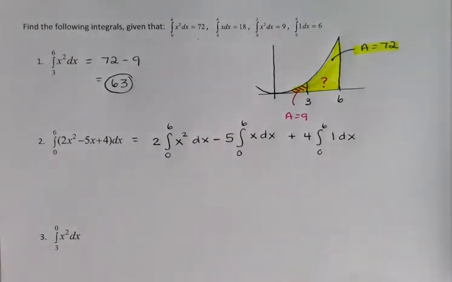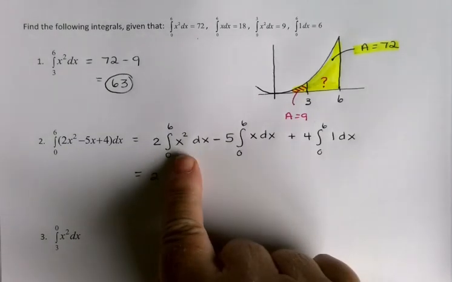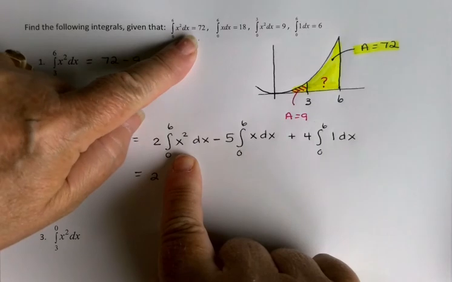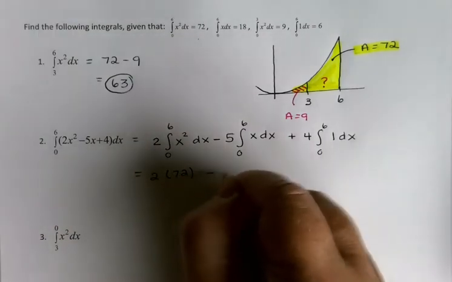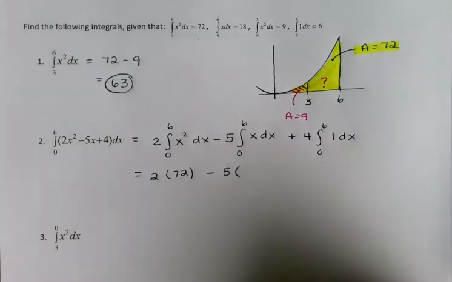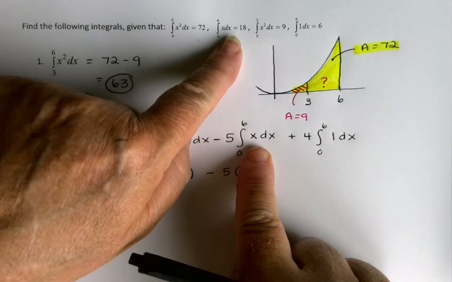Now I can fill in some values that I was given. The integral from 0 to 6 of x squared dx, that one's 72. Minus 5 times the integral from 0 to 6 of x dx, that one's 18.